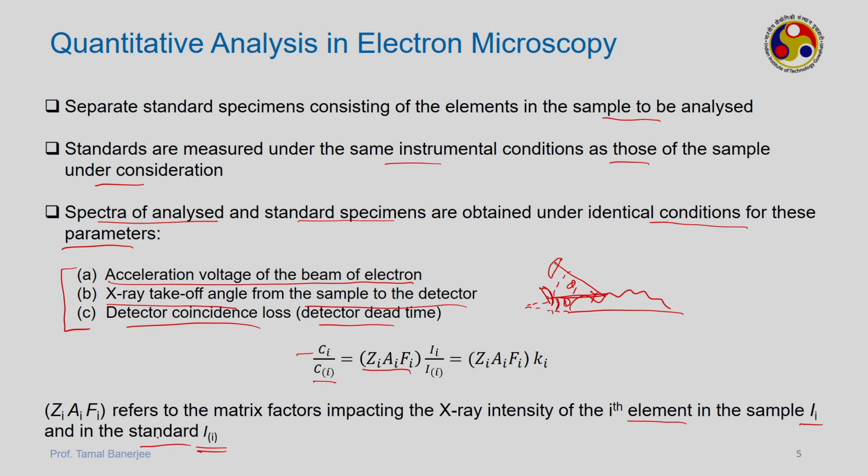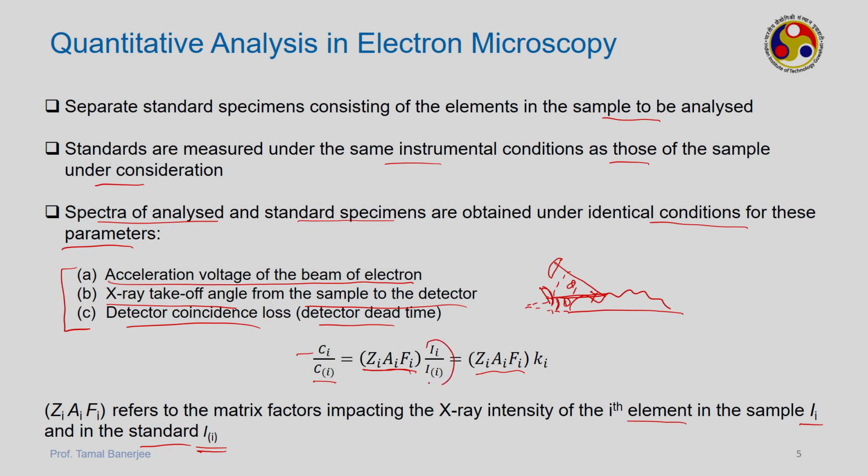So you will have a factor Zi, Ai, Fi. The concentration is directly proportional to the intensity, and for the standard it is also proportional. When you divide them, there will be a factor Zi, Ai, Fi. This Zi, Ai, Fi needs to be actually found out. So how do we do that? We will see in the next slide.